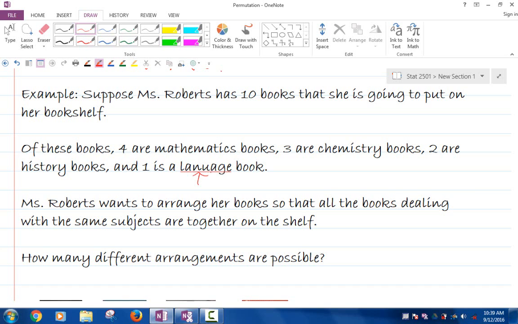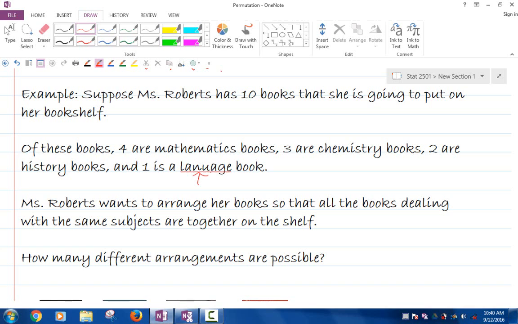So 4 factorial is the number of ways to arrange the subjects. Anybody else? Is it 4 factorial times 3 factorial times 2 factorial times 1 factorial? Okay. Now, anybody else? Pretty close. Yeah, you have to combine both of yours, right?